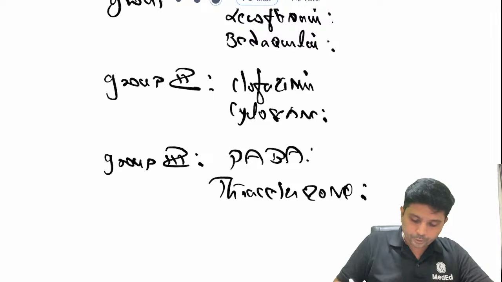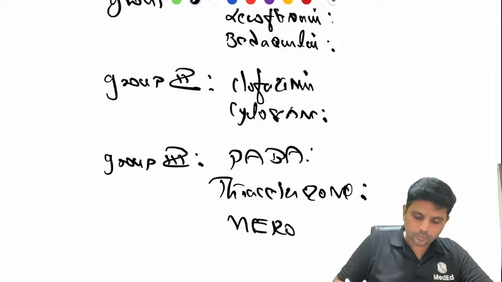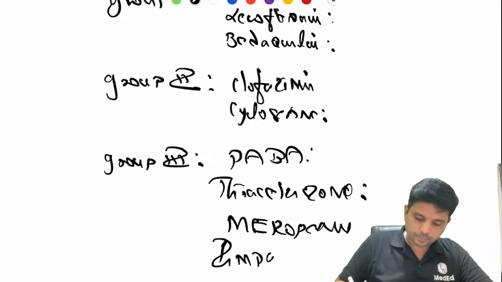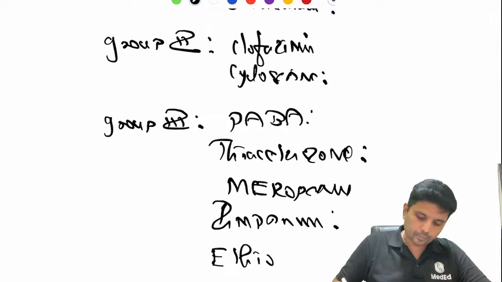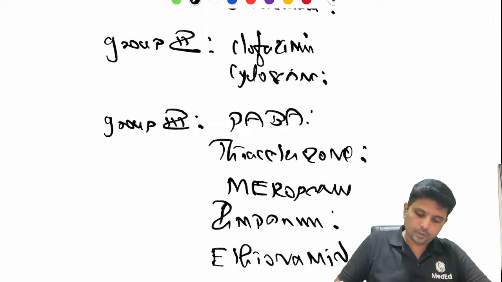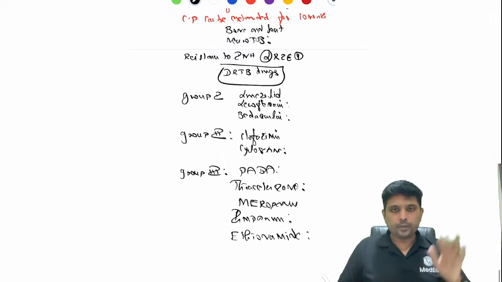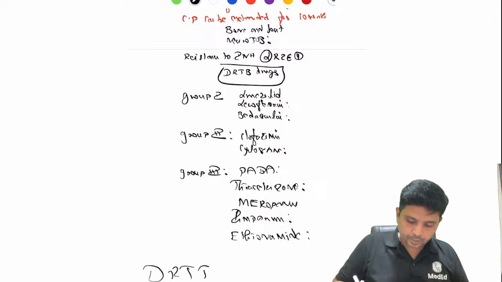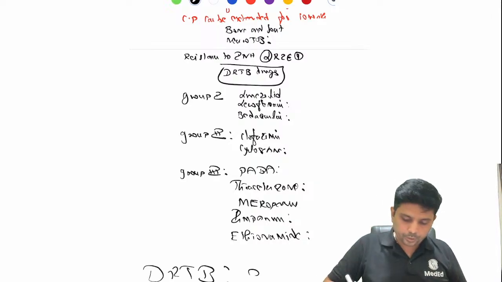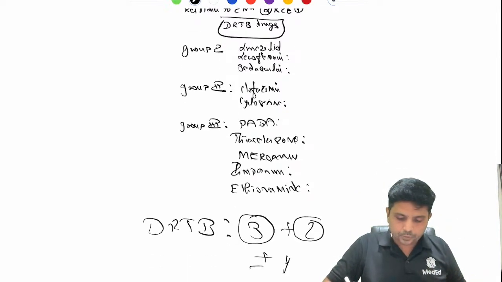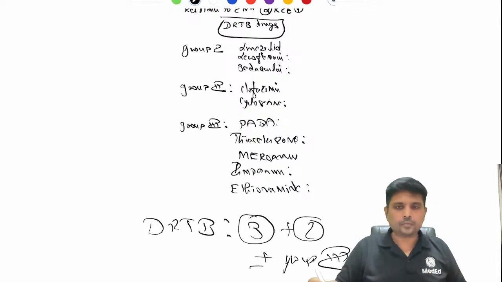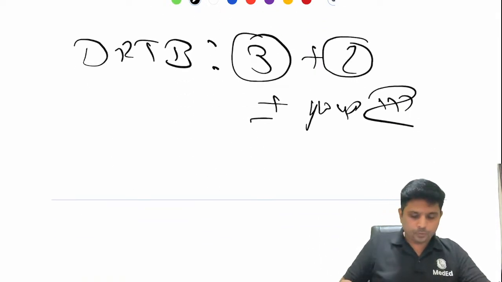You have meropenem, imipenem, ethionamide. These are all group 3 drugs. In case of DRTB, you need to give 3 drugs from group 1, 2 drugs from group 2. If it is not possible, plus or minus from group 3.